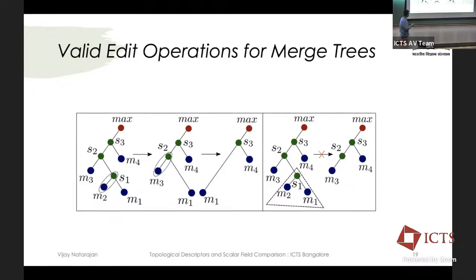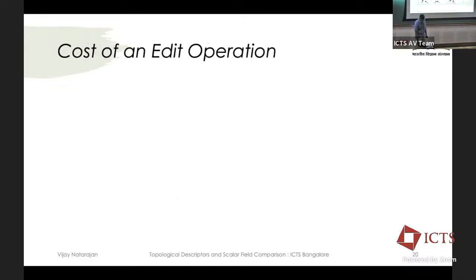And similarly, if I remove M3, I remove it together with S2, resulting in another merge tree, right? I do not allow for subtree removals in general, right? This is something that is studied elsewhere, but I do not allow this because the resulting tree is not a merge tree anymore, right? It doesn't serve my purpose. So I do not allow such operations, right?